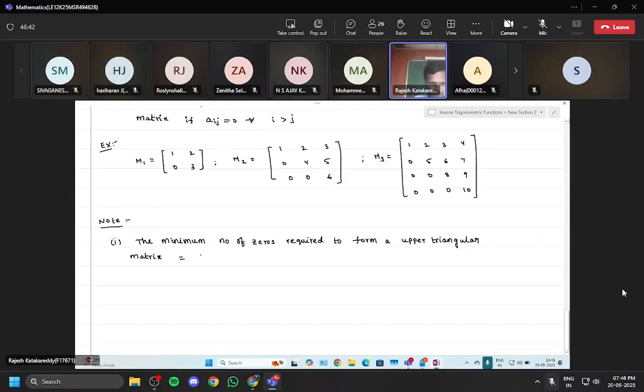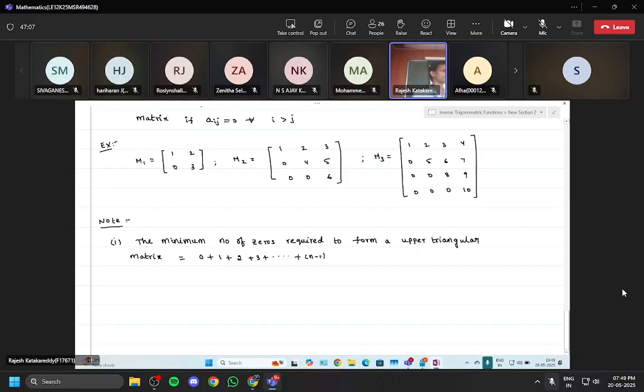So similarly for row 2, how many zeros are needed minimum? 1 zero needed, right? For row 3, how many needed? 2. For row 4, 3, right? And so on, going till the last row. If I take n, it is n minus 1. We are going till n minus 1. You can check: if it is an order 3 matrix, I need 2 zeros in the last row.